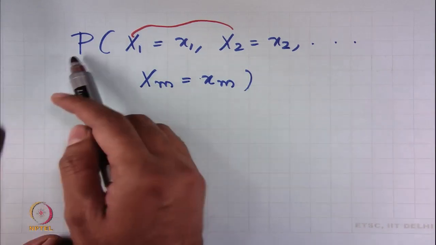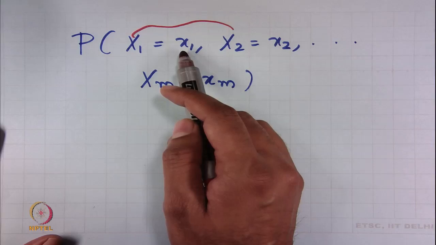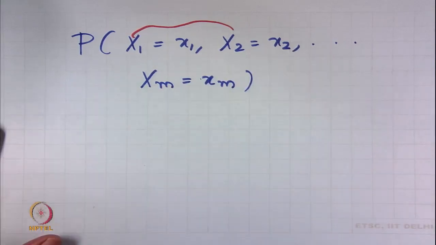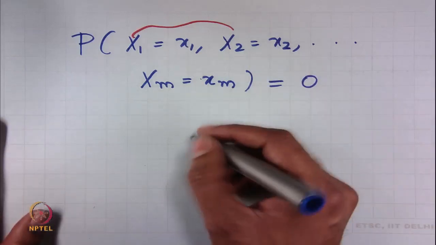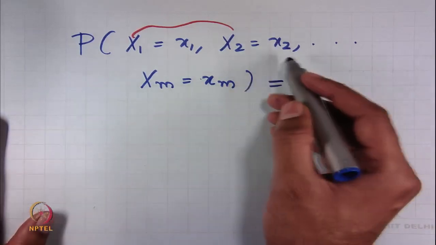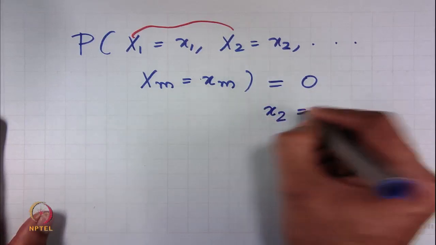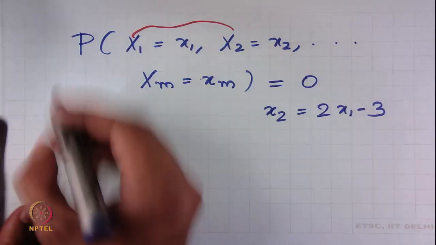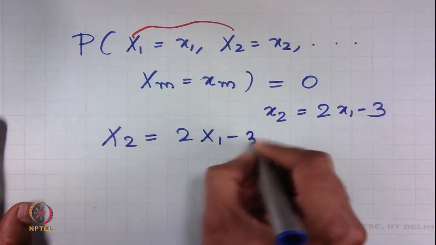So, once you want to talk about the probability of random variable x1 taking a value small x1, x2 taking a value x2, xm taking a value xm, this probability will be 0 if x2 is not 2 x1 minus 3. Remember, we are assuming as before that x2 is 2 x1 minus 3.